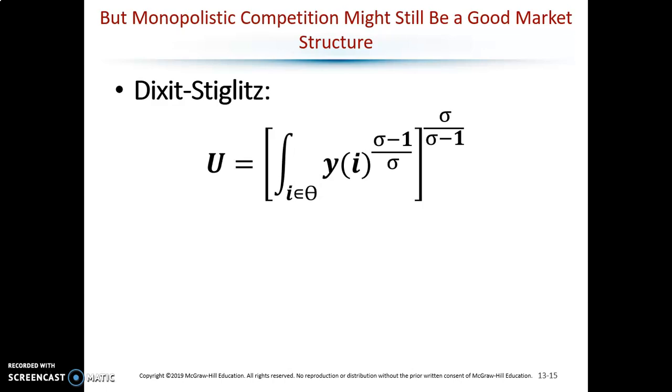We like to be challenged. We like to mix things up. So our utility is better maximized with variety, even if we accept a little bit of an allocatively inefficient way of doing things. If we assume that people's utility functions look like this, this is Dixit, Stiglitz, this model basically says that variety makes monopolistic competition possibly okay.